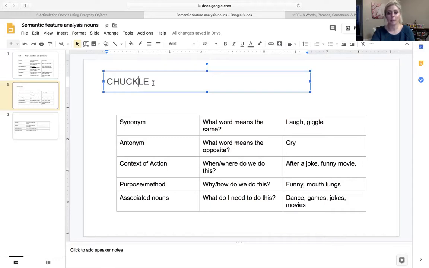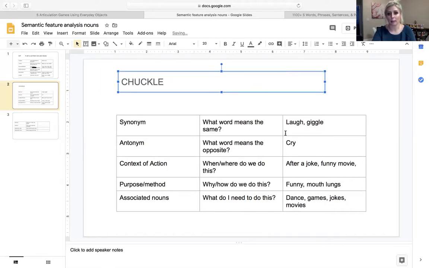They may not. But for the synonym right here, they definitely know what laugh means. So if I can get the ball rolling with just the synonym that I know that they know, then usually the whole rest of the activity can be a lot easier.